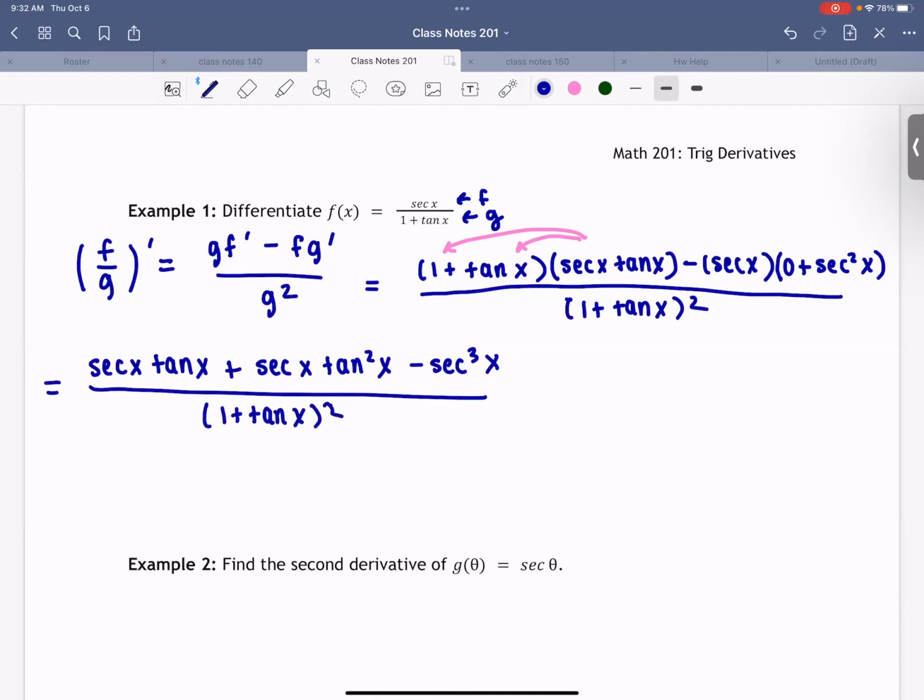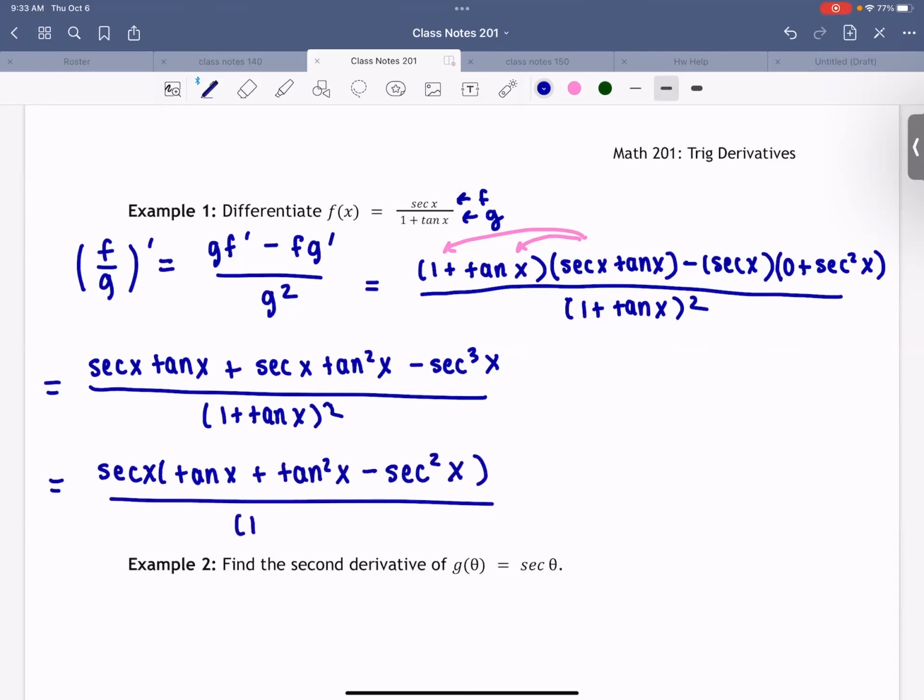I guess we can do a little bit more. Anything we can do up top? What does everything on the top have in common? Yeah, we can take out a secant. So this would become secant times, secant x times tangent x plus tangent squared x minus secant squared x, over 1 plus tangent x squared.